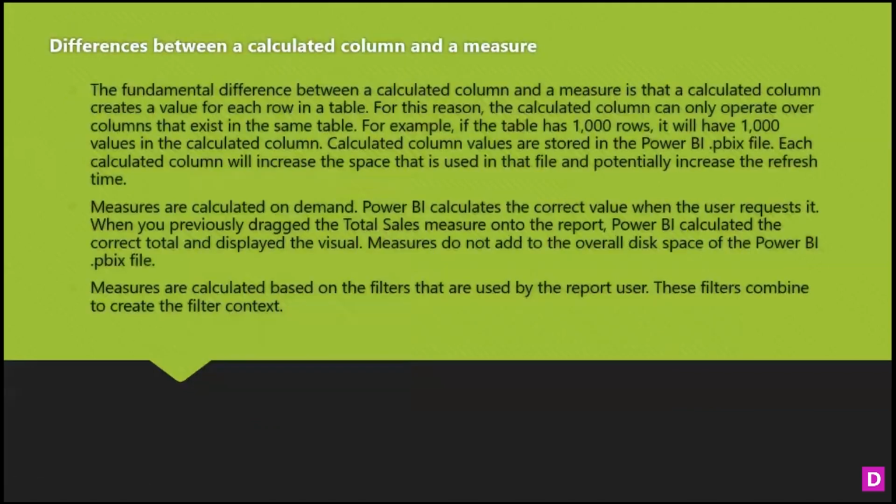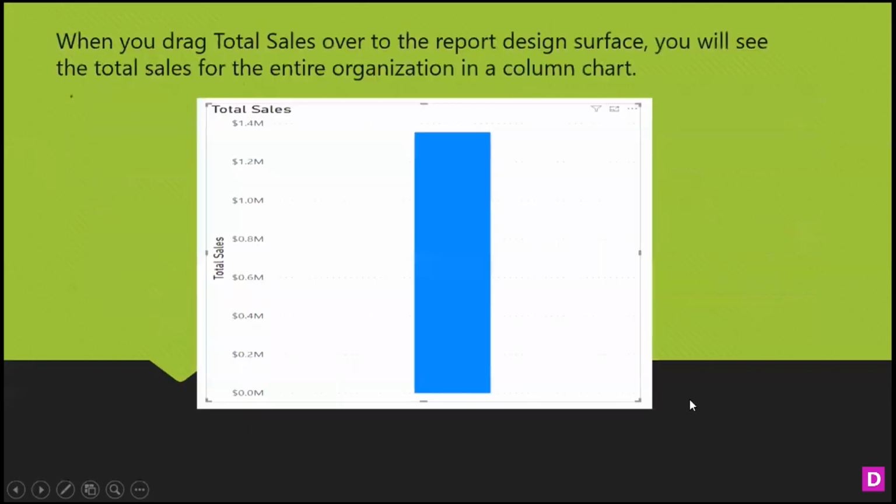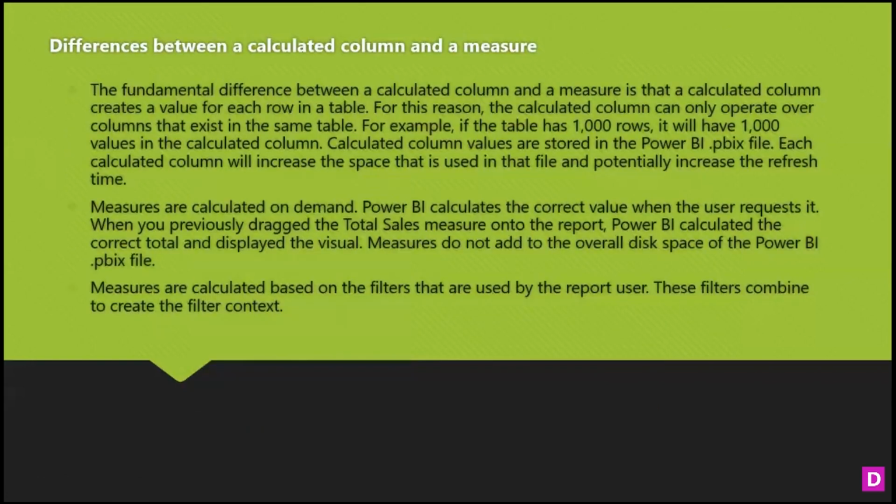Great. Now let's understand the difference between a calculated column and a calculated measure. A very important interview question, and a very important point to understand when you are working on Power BI. When you create a calculated column, it calculates the column row by row for each row of your table. For example, the calculated column we created calculated the total price for each and every row.